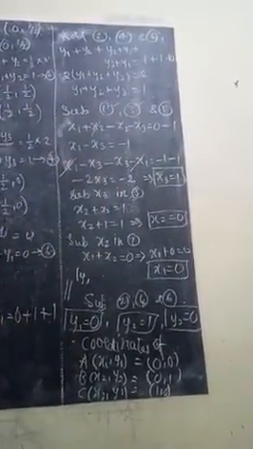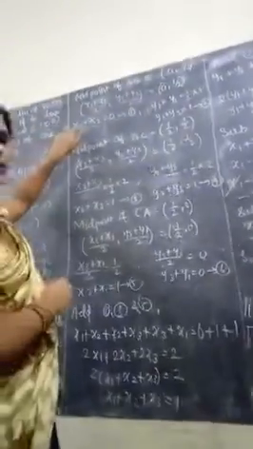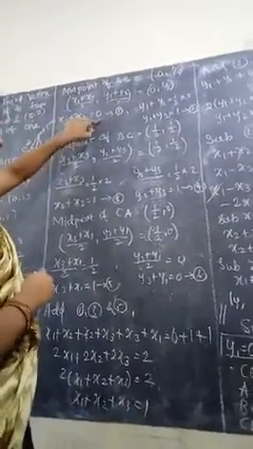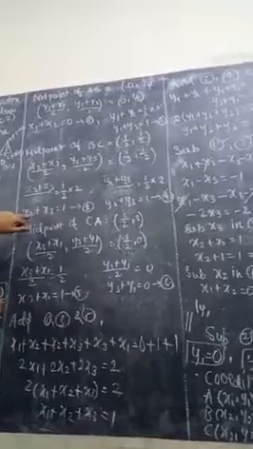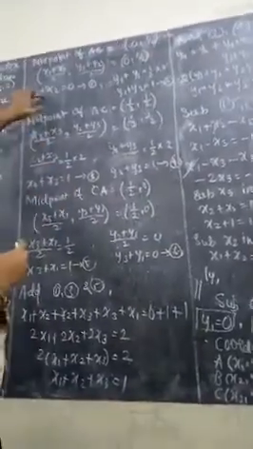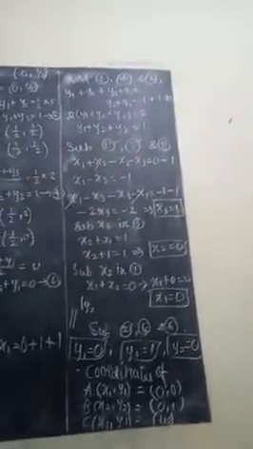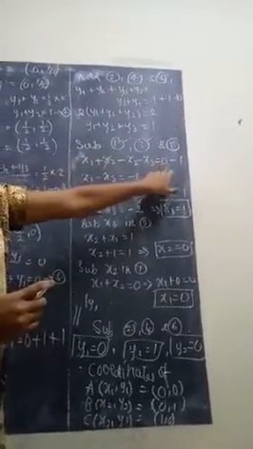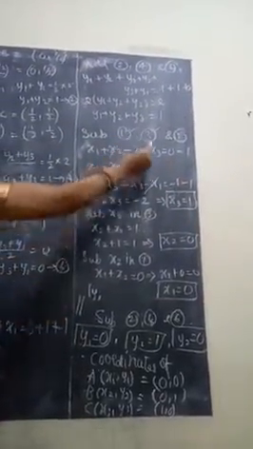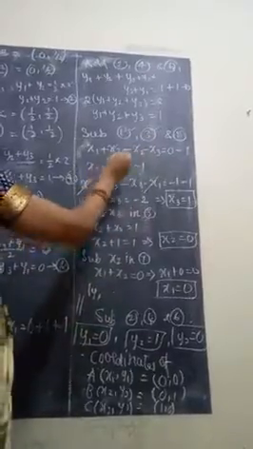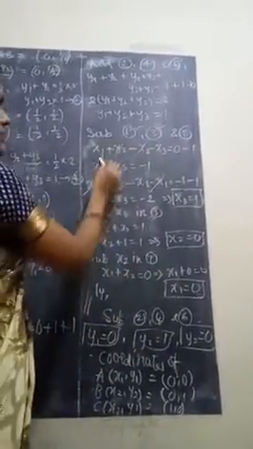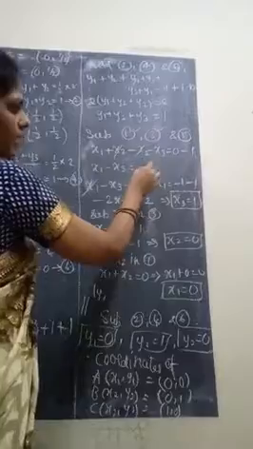The first equation is x1 plus x2 equal to 0. The third equation is x2 plus x3 equal to 1. First you need to subtract these two. So x1 plus x2 minus x2 minus x3 equal to 0 minus 1. Here x2 minus x2 cancels off. So x1 minus x3 equal to minus 1.